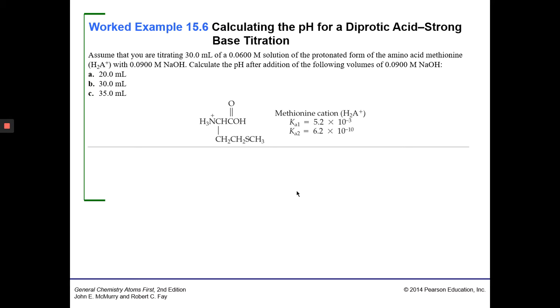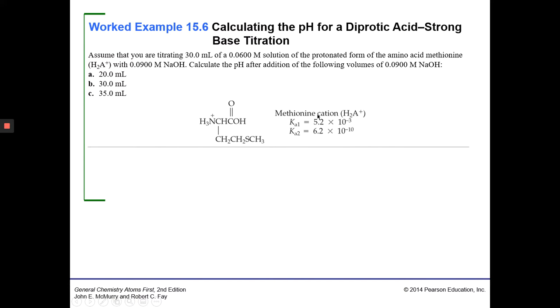Calculate the pH after addition of the following volumes of 0.09 molar NaOH.